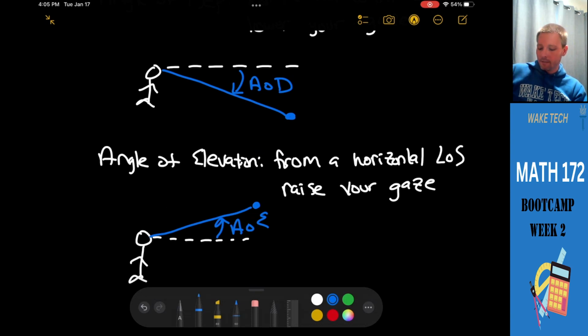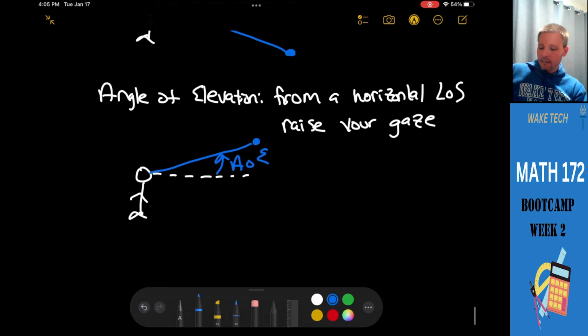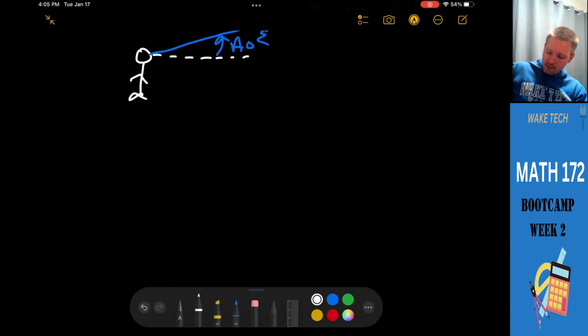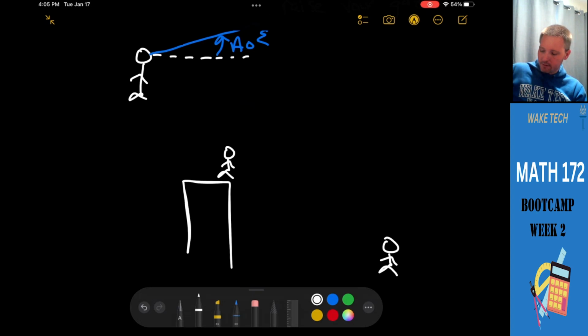I have one more point I'm going to make about these two, and that is, imagine you're on a building looking down at someone on the ground. Whoops, they ain't going to meet that way. Actually, let me take that back.